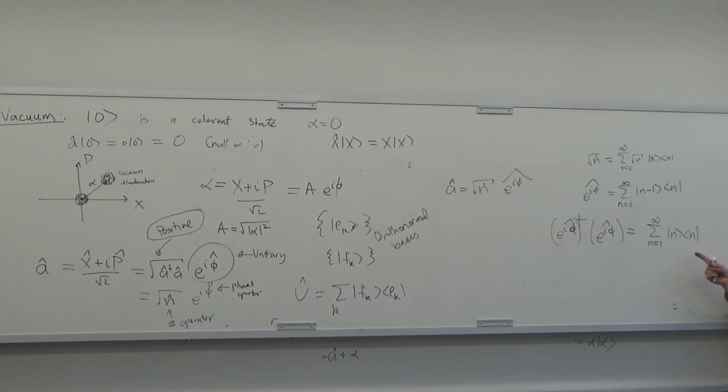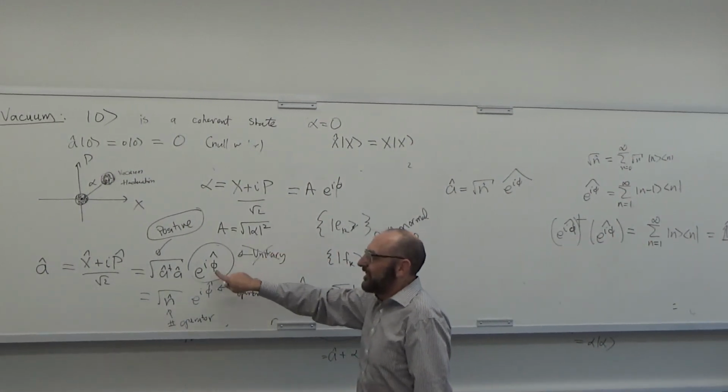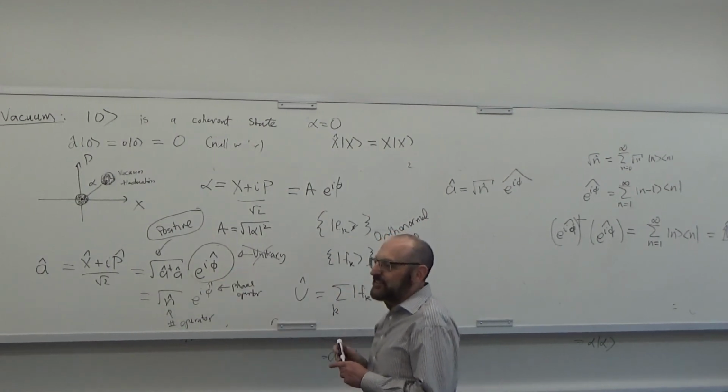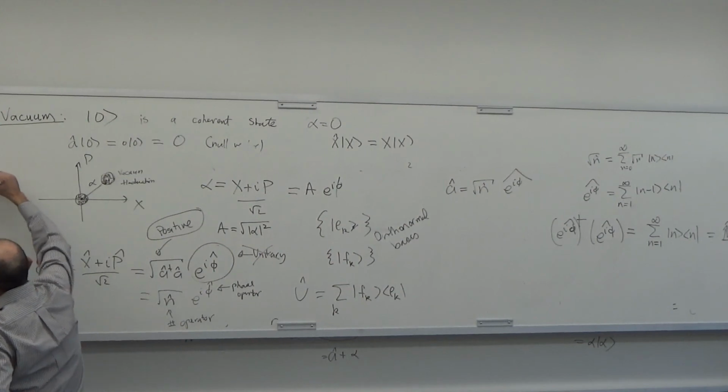It's not, because it starts at 1. The problem was that this thing wasn't from minus infinity. This is the identity minus the projector on the zero state. So this is not a unitary operator. Therefore, there does not exist a phase operator.